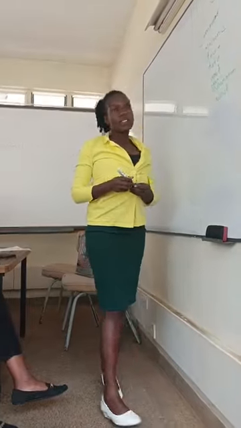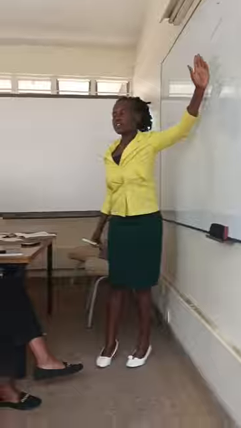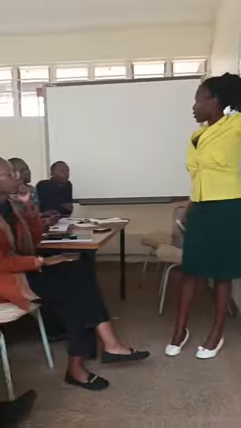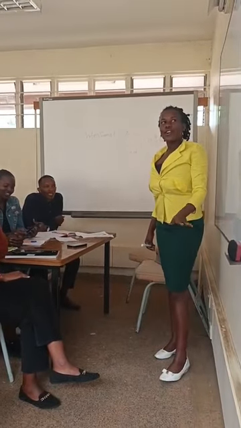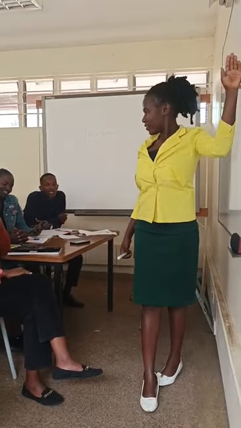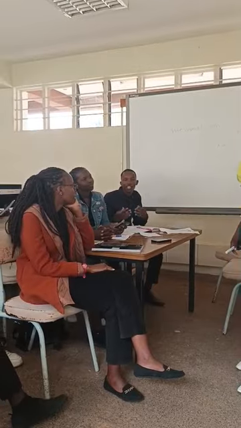Why do we say a computer is an electronic device and not another device? It uses electricity. Yes, so what is a device? Something you can use, you can touch.